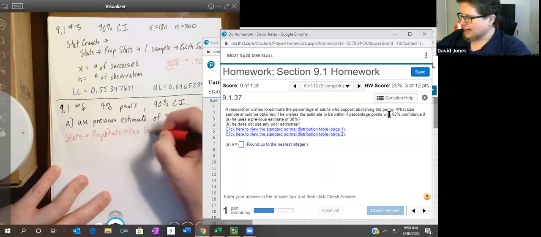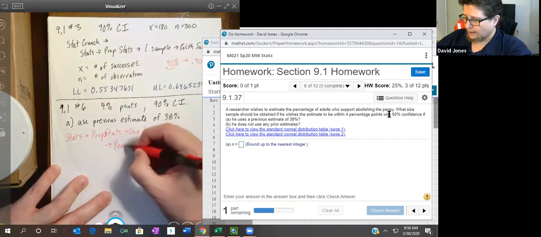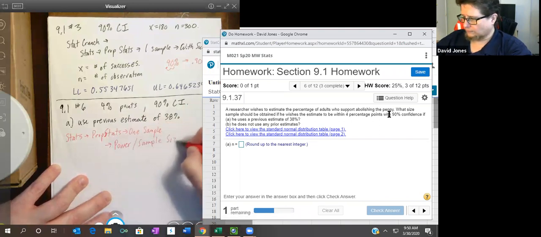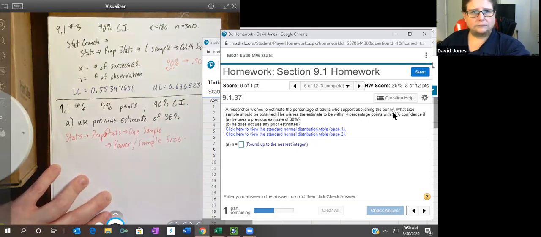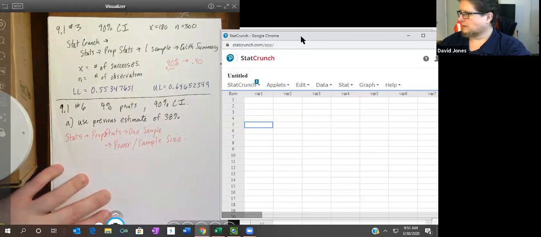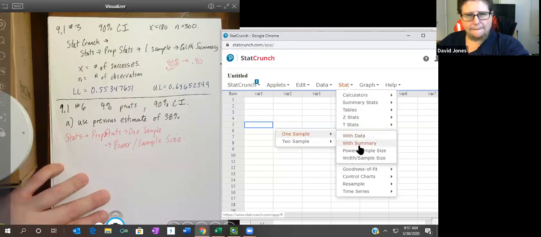The way to do that is click on Power Sample Size. Okay, so I'm going to go Stats, Proportion Stats, one sample, Power Sample Size.